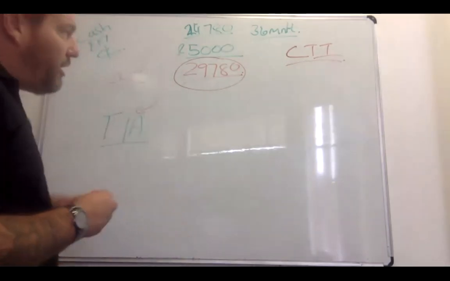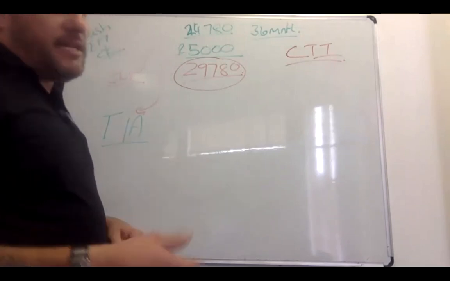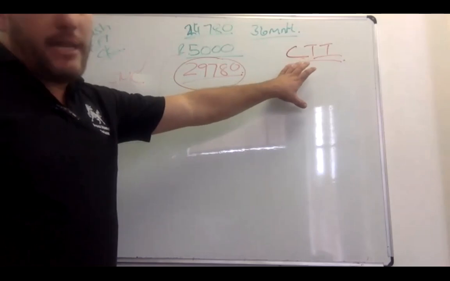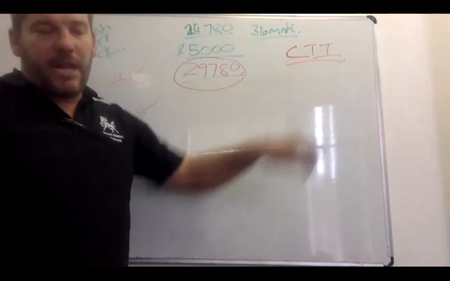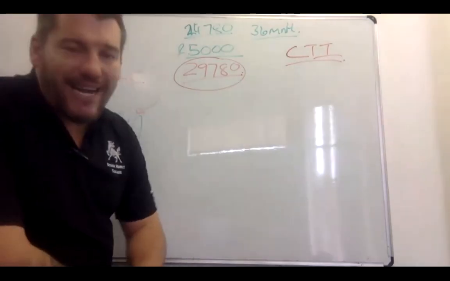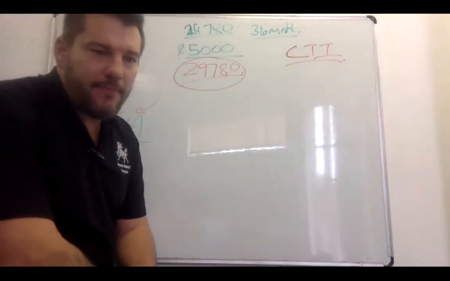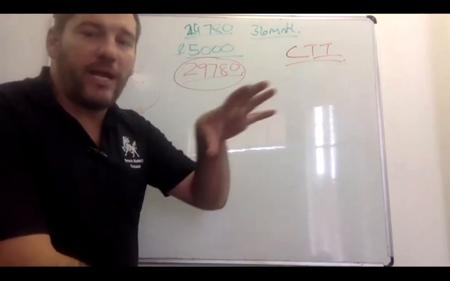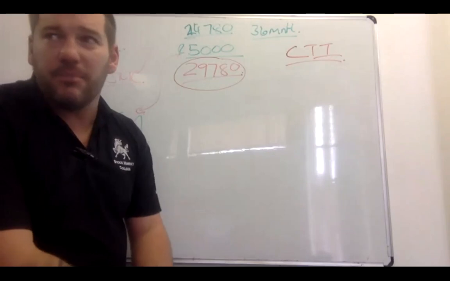With the client's details, we need normal FICA documents from the client in order to apply for a student loan. Now, CTI is a corporate financing company. They do not finance just anybody. You can't walk into CTI's offices and say, I want to make a loan.